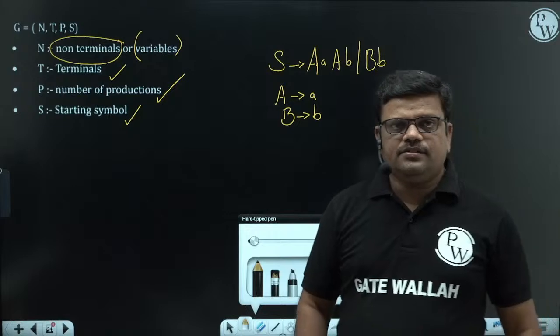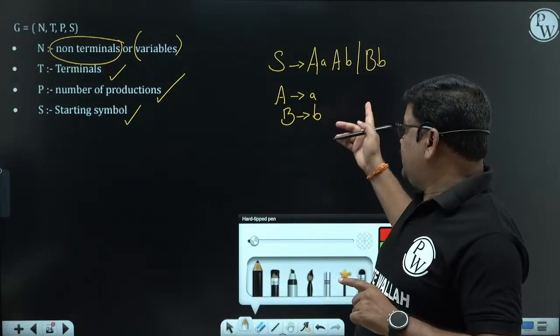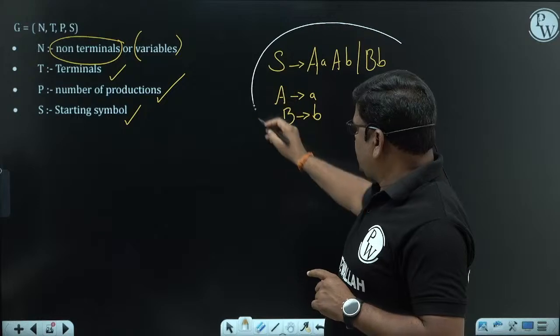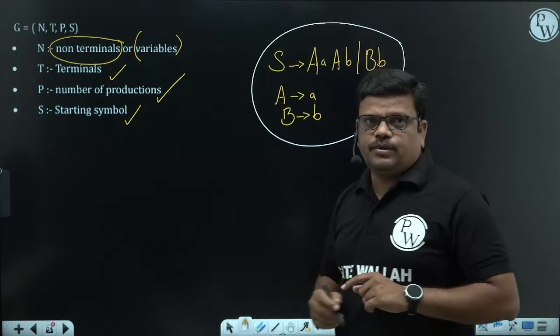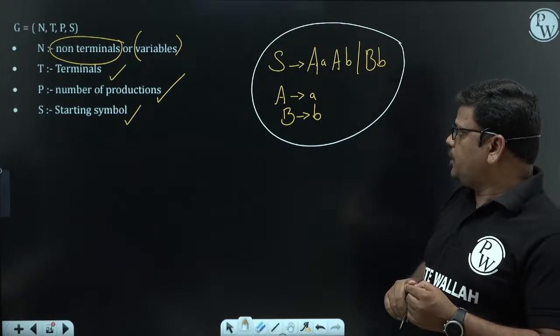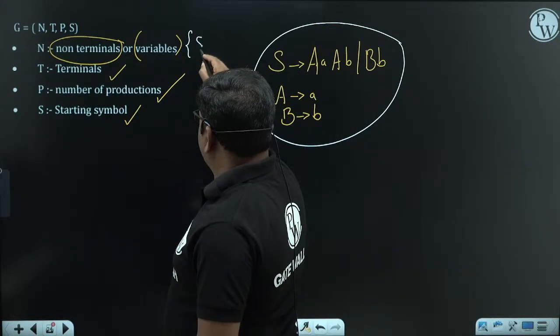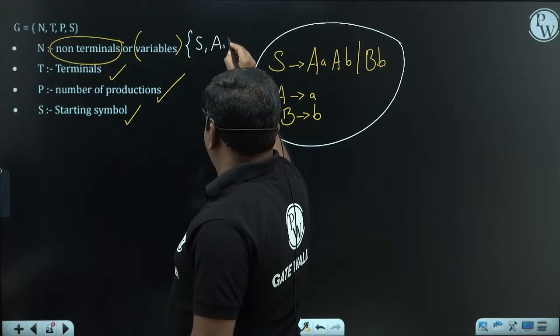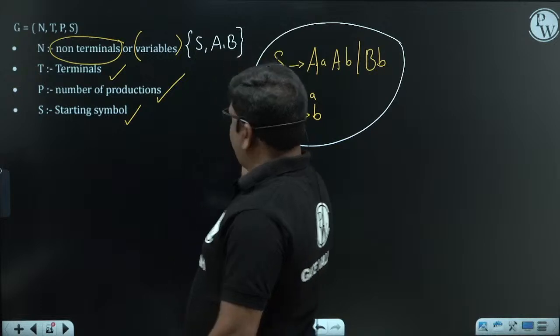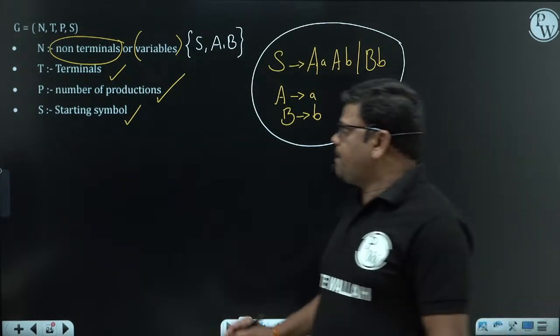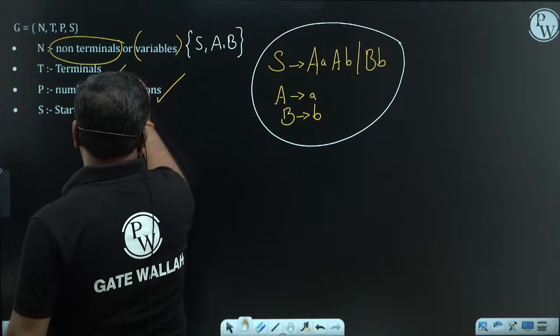In today's class, generally the grammars of computer science look like this. The non-terminals here are S, A, B. In general, small letters come under terminals.